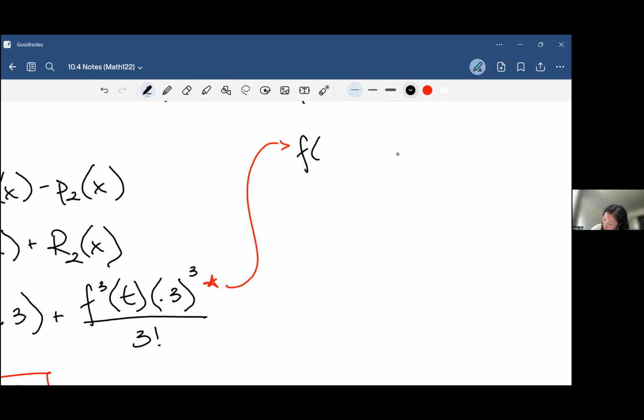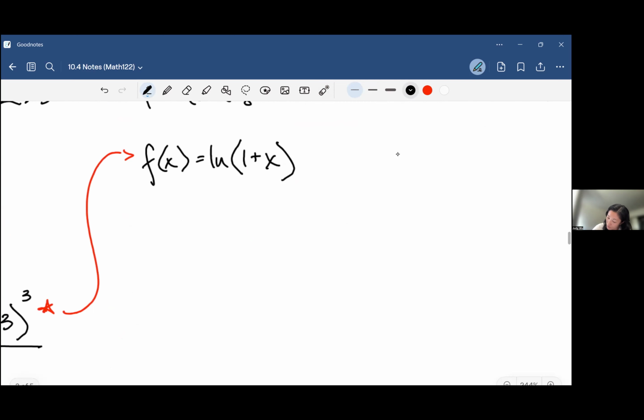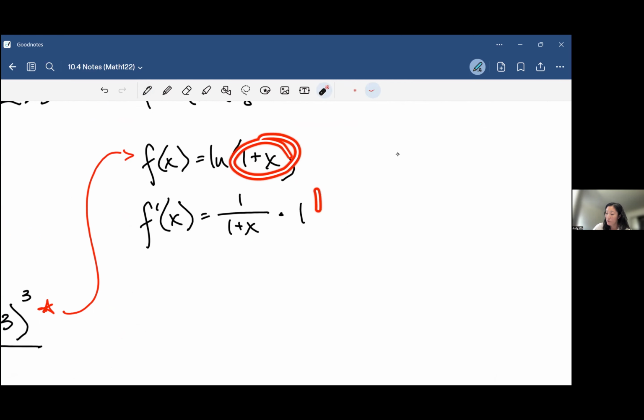So I know my function is the natural log of 1 plus x. Now I have to find the first derivative, the second derivative, and the third derivative. So the first derivative, I'm going to get 1 over 1 plus x times the derivative of the inside function, which is 1. So we have to use our chain rule here.